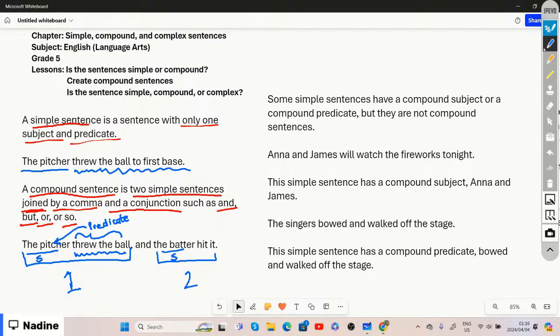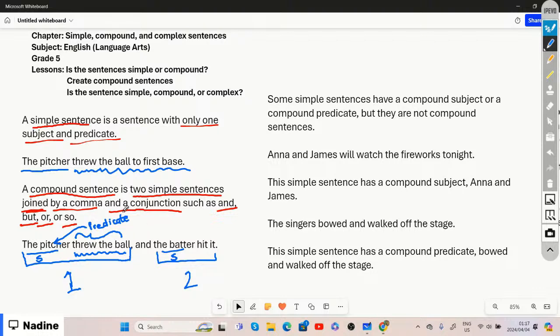Now we're going to the second sentence. Our subject that tells us who or what did the action is the batter. Now we need to find out what the predicate is.